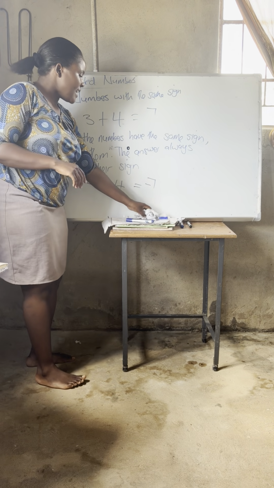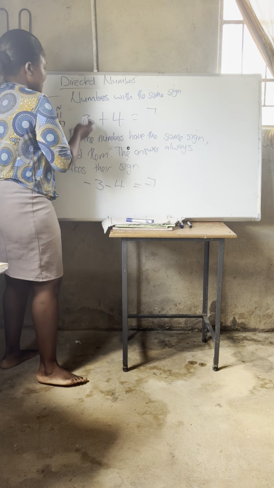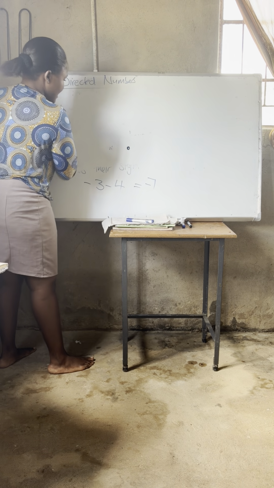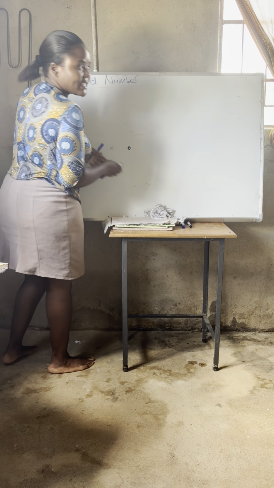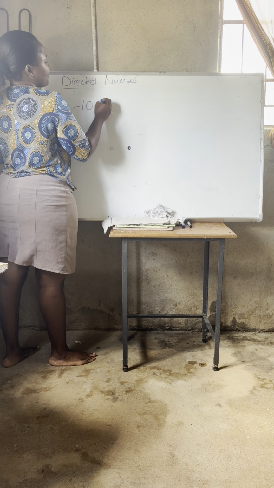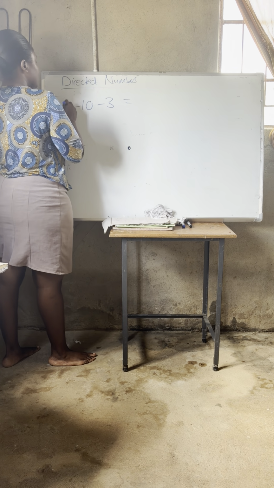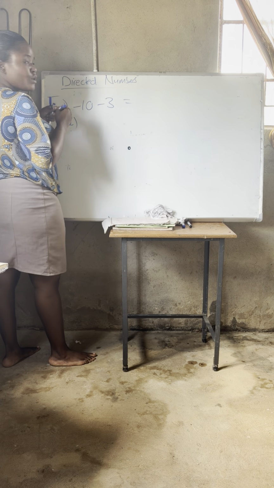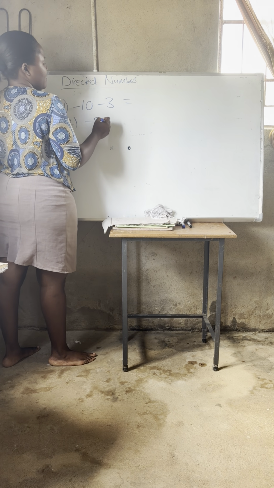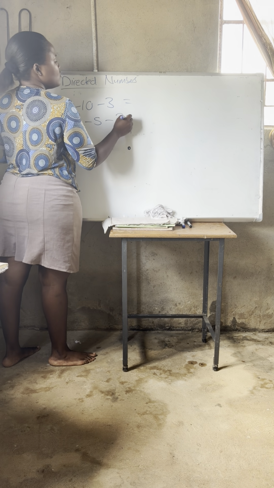So we are saying if the numbers have the same sign, you simply add them. The answer always takes their sign. I want you to try this. Number 2, let's say you are given -5 minus 20.